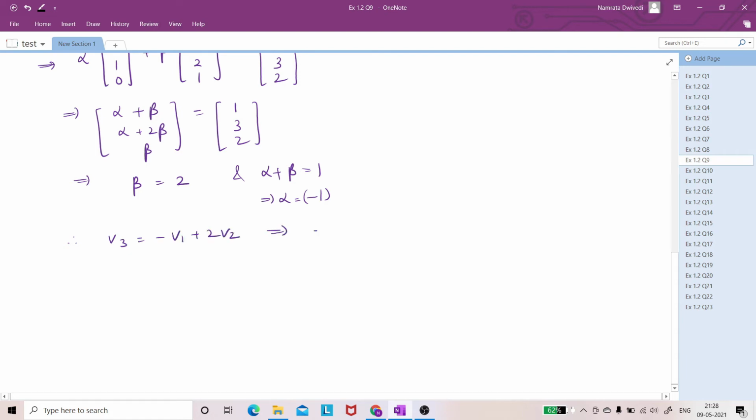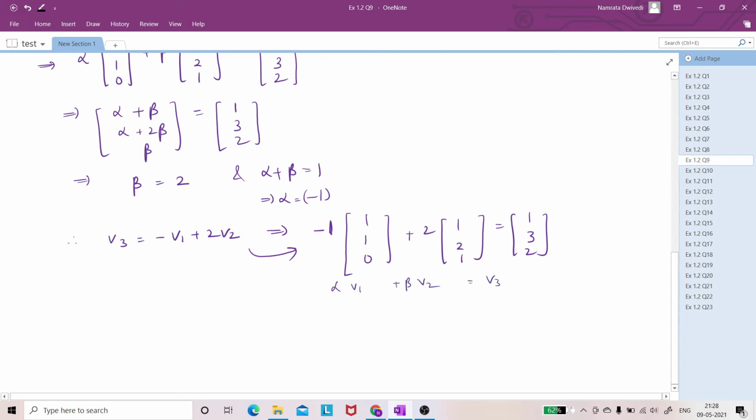This implies minus 1 into (1, 1, 0) plus 2 into (1, 2, 1) is equal to (1, 3, 2). We simply depicted this as this. Alpha is minus 1, beta is 2. That is alpha into V1 plus beta into V2 is equal to V3.